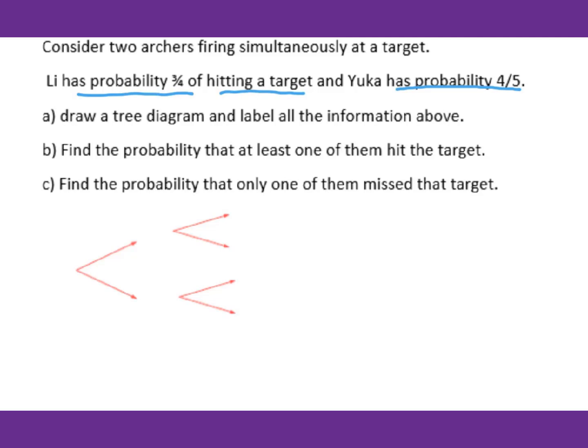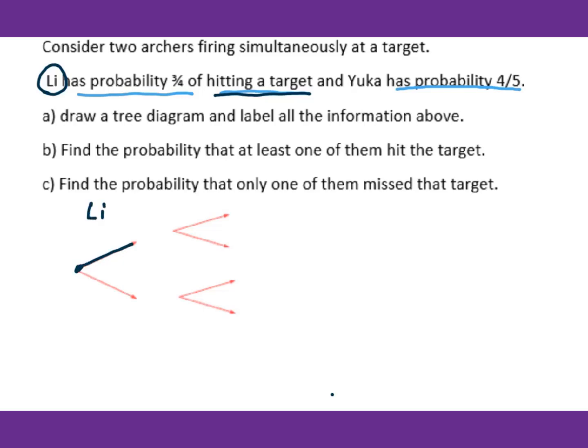You will check how many probability for this Lee. Lee fired, and then there will be 2 possible results. One is hit the target or missing the target. That's the reason for Lee. The first one is for Lee.